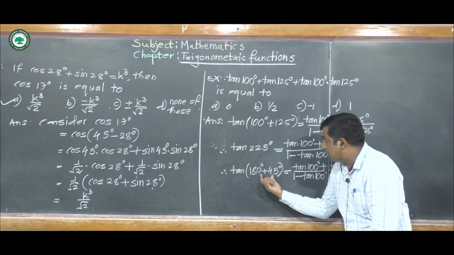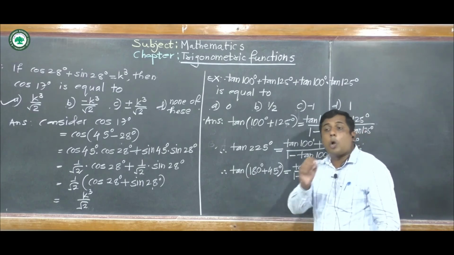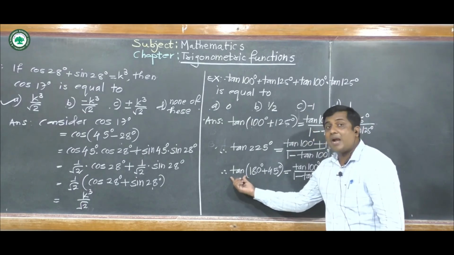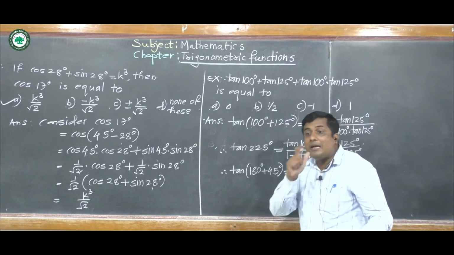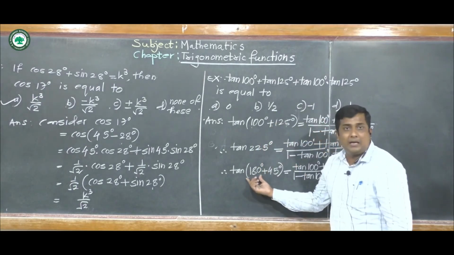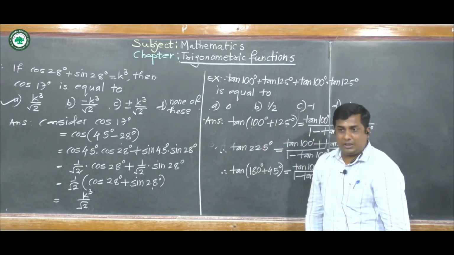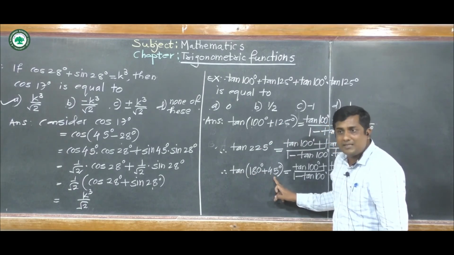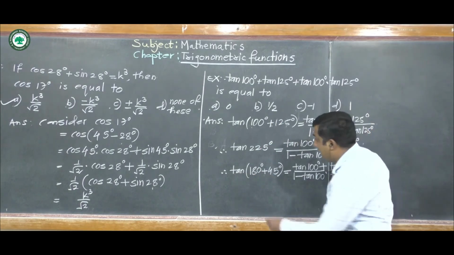Now here 180 plus theta is in the third quadrant. We know in the third quadrant tan is always positive. Remember, in the third quadrant tan and cot are positive and the remaining all are negative. So here our value is positive. Since tan of 180 plus theta form is given, this is tan theta.